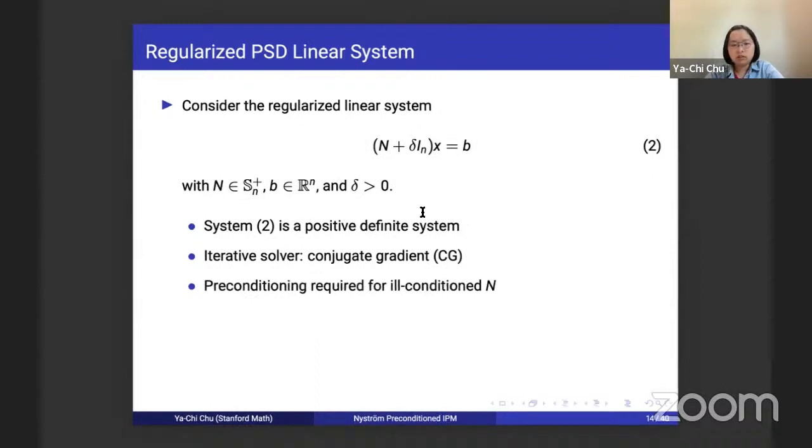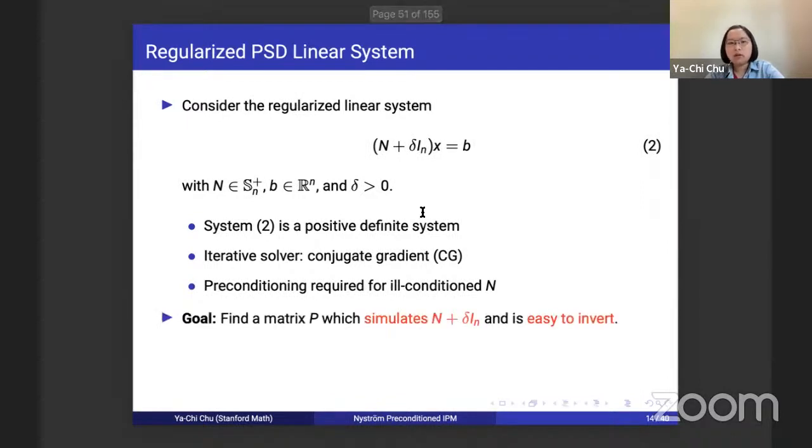Usually you need preconditioning for very ill-conditioned N. And by preconditioning, we can just think about the goal like this. We want to find some matrix P such that P simulates the matrix N plus delta, and P is easy to invert. So this is the goal of finding a preconditioner.